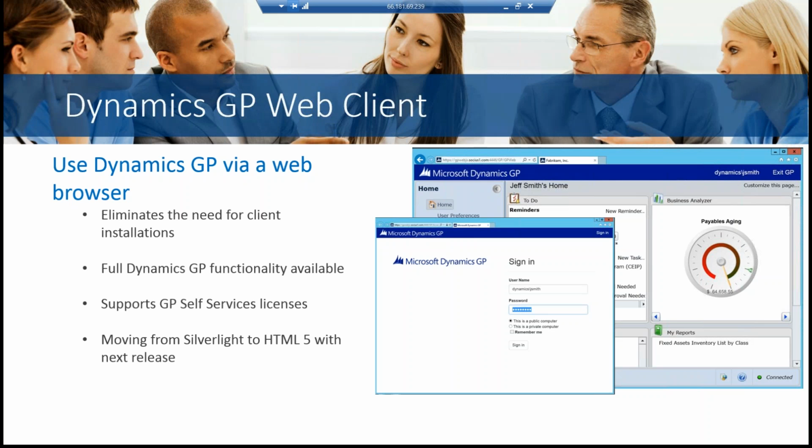The reason that I think that this is a very important piece of functionality is it really can, from a maintenance perspective, eliminate your need for client installations. You can also do this via a remote desktop or Citrix server as well, but it is just another option that people can actually get to Dynamics GP via a web browser.